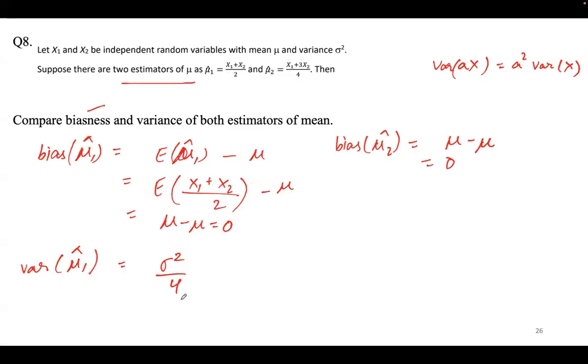So this becomes 4. Sorry, yeah, we are adding the variances, so 2 sigma square divided by 4. So that's equal to sigma square by 2. And then the variance of mu2 hat, that's equal to, so this is going to be 4 sigma square divided by 16.